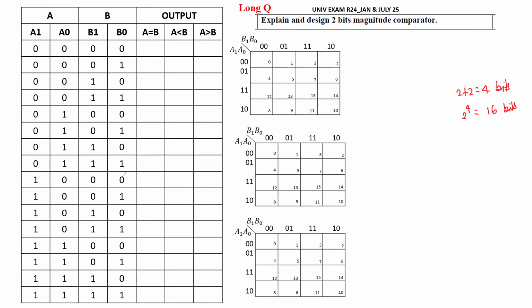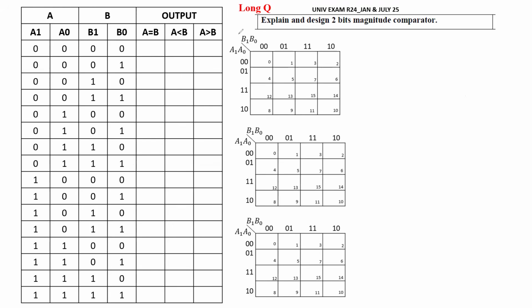When we have higher values of inputs, an algorithm works nicely. An algorithm works for small values also, but for higher values you must use the algorithm, otherwise we can't write that much truth table. So now here, a total of 16 combinations are written.